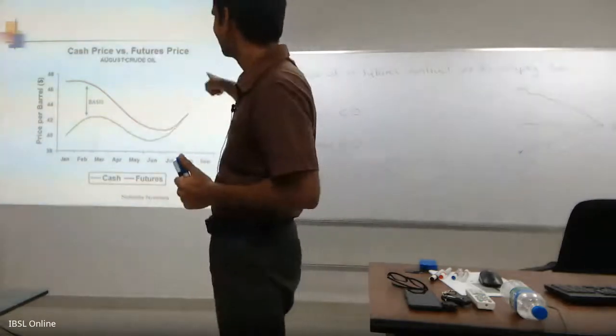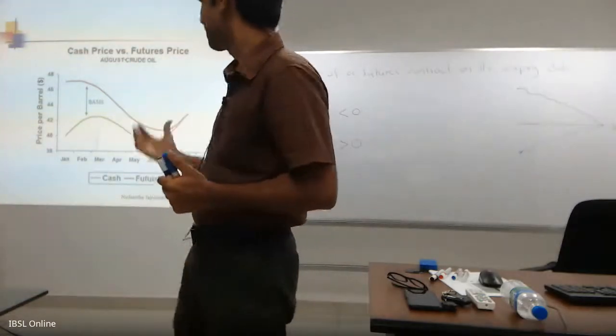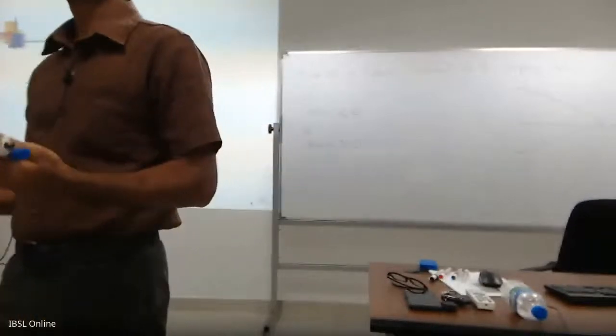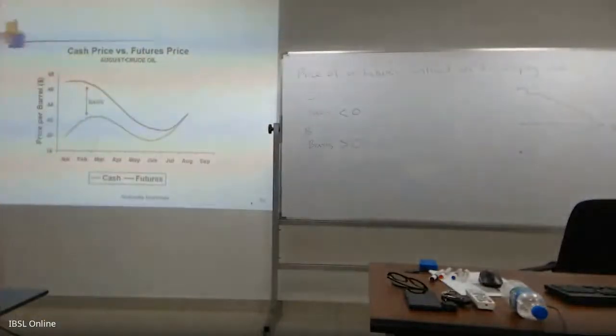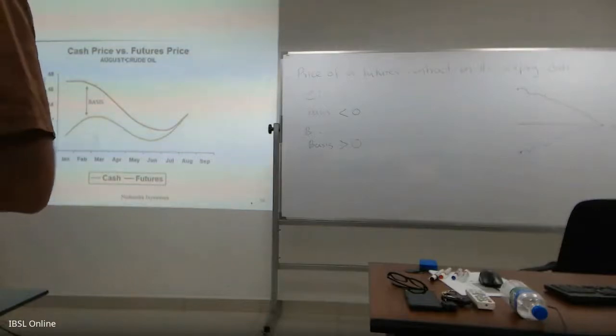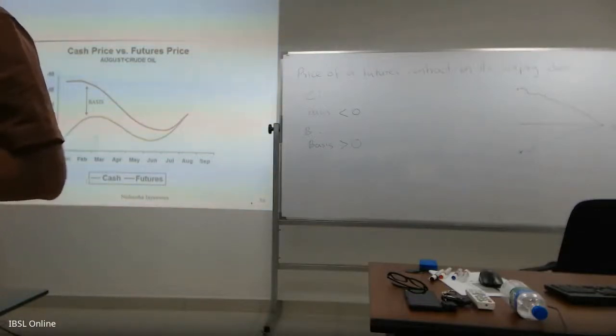This graph shows a relationship between cash price and the futures price. Is it in the contango market or the backwardation? It's a contango market. Then the basis is, remember, futures price lies above the cash price, then basis is negative.